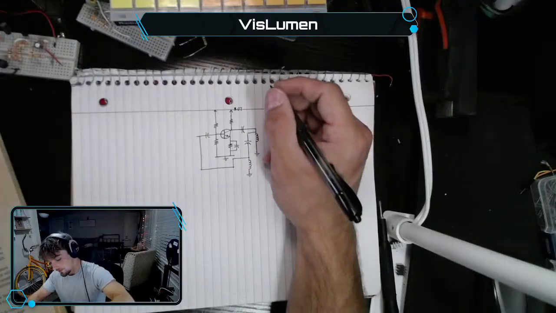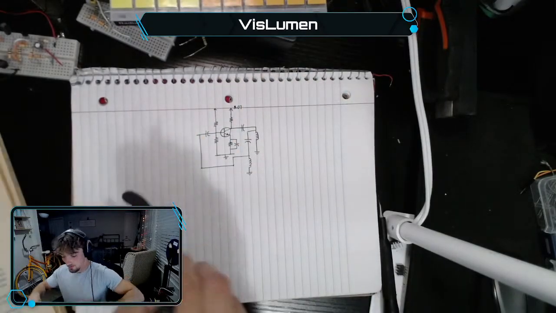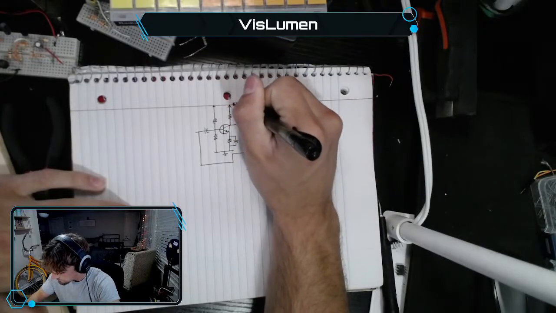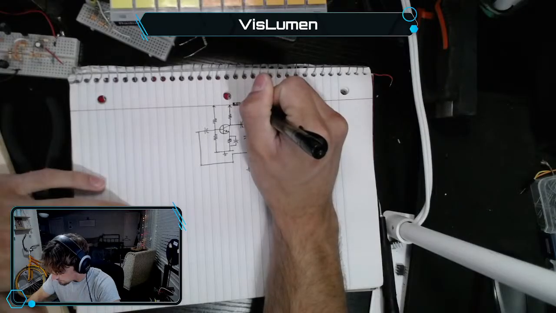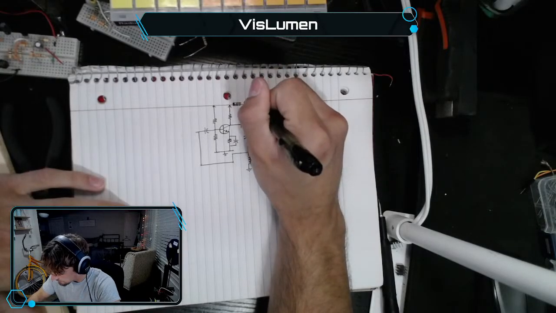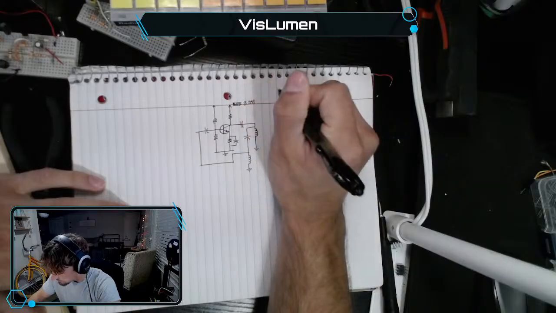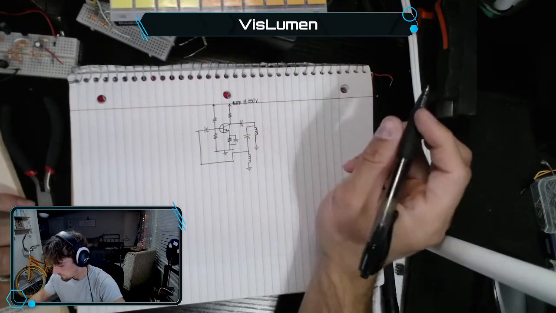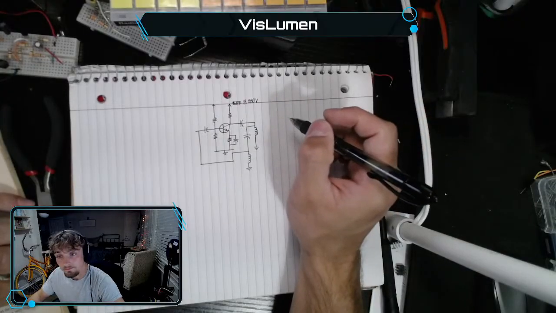I got too much stuff going on. Holy smokes. Okay, 8.880, yeah. 880, that's what it was. Yes, 8.880 volts. Okay. How crazy.